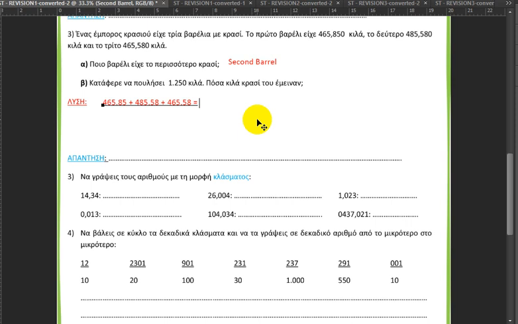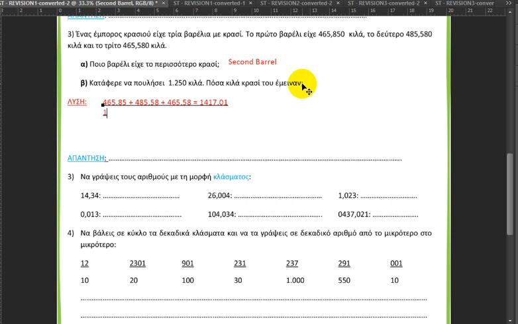So we can do those additions vertically. And what we are going to get is 1,417.01. Okay, so that's how much he has.